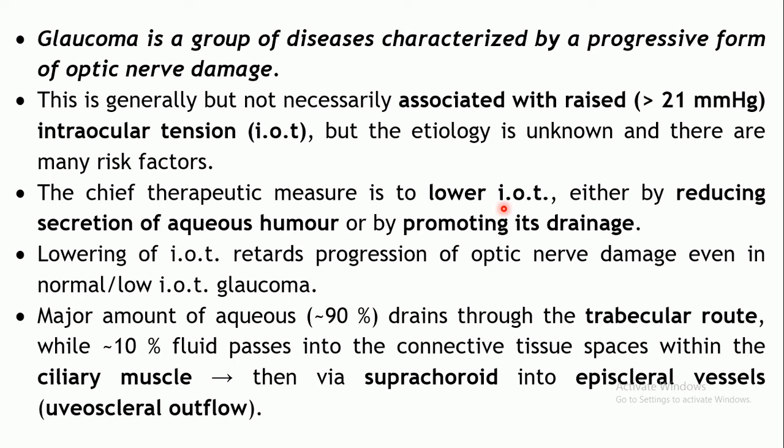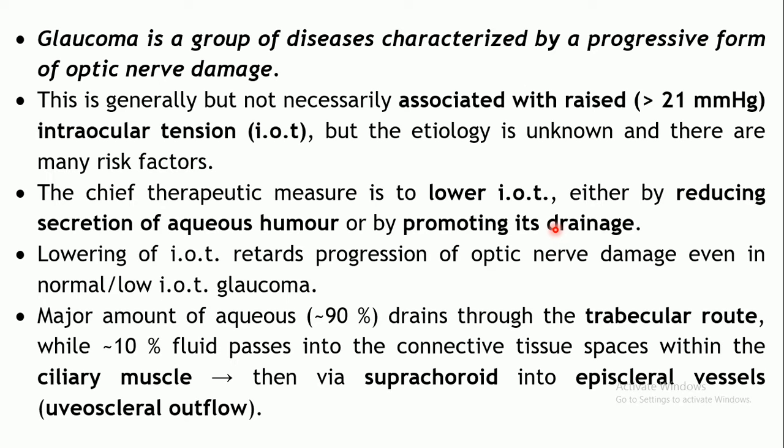Now how will you decrease the intraocular tension? There are two major ways by which it can be reduced. The first one is by reducing the secretion of aqueous humor, so the aqueous humor formation itself is decreased, or the second way is by promoting its drainage. Whatever is formed in the eye is actually drained out, right?